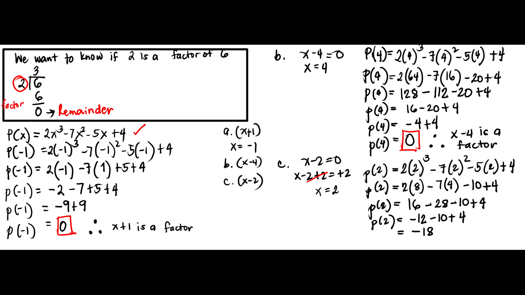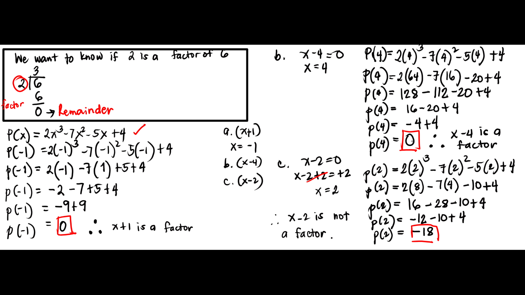O, kahit simulan mo siya dito, may utang kang 10, meron kang 4, may utang kang 6. So, utang na 6 plus utang na 12, that's negative 18. So, therefore, kapag may tirang ganyan, x minus 2 is not a factor.